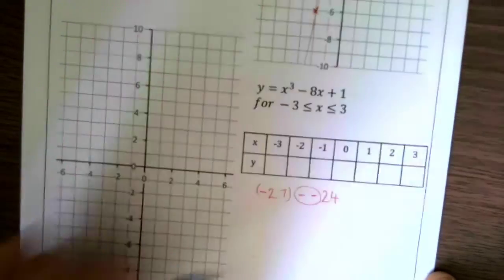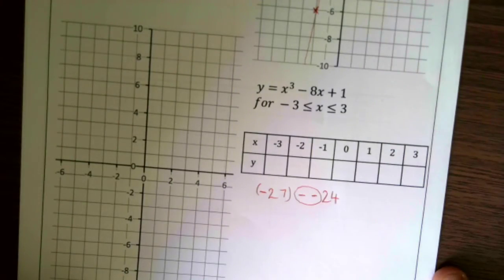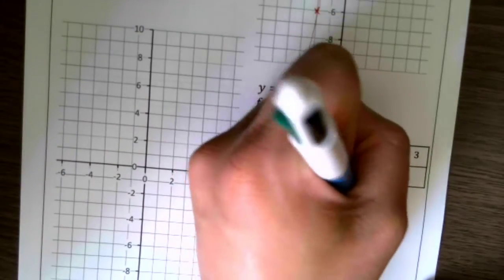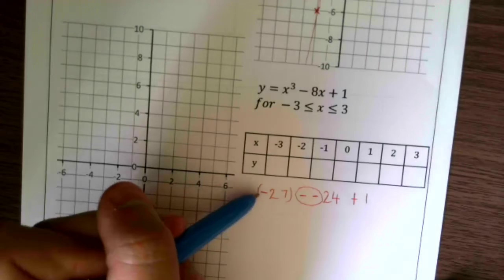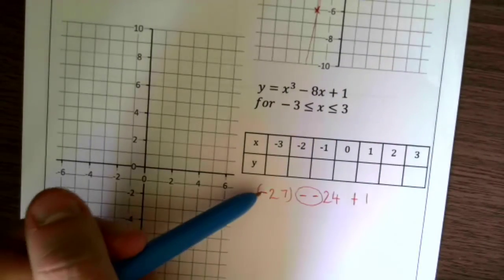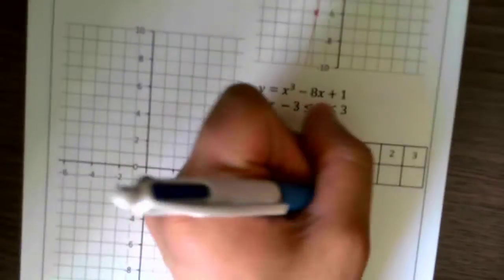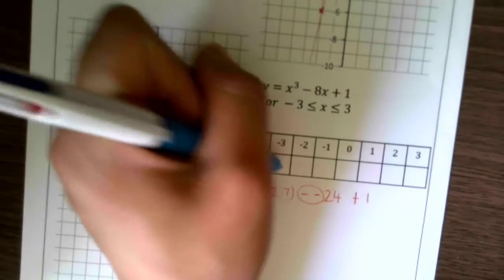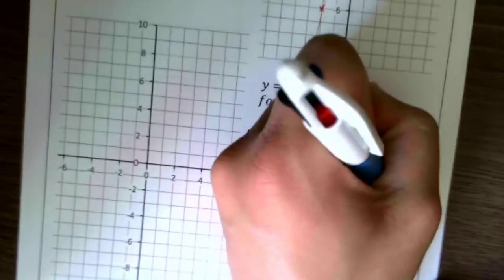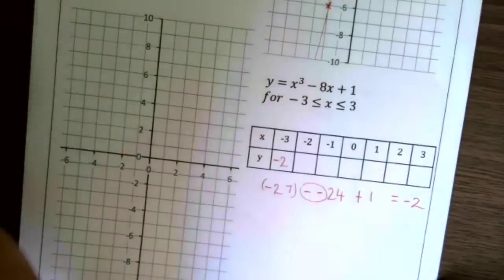Now be careful here, because I'm taking away a negative. That's the same as adding a positive, plus 1. So -27, add 24, that becomes -3, plus 1. So that's going to be -2 there. Probably the hardest one we're going to need to do.